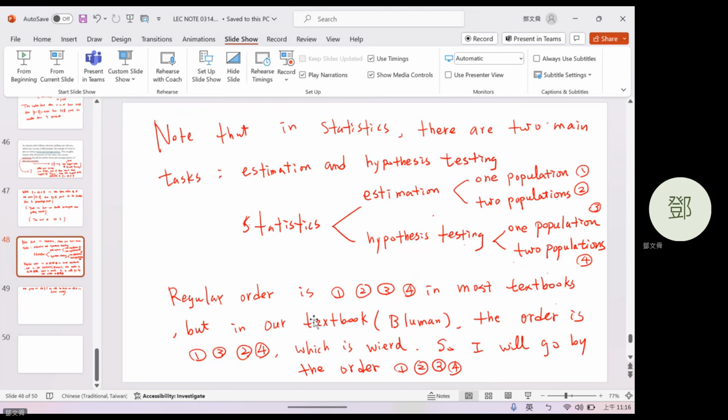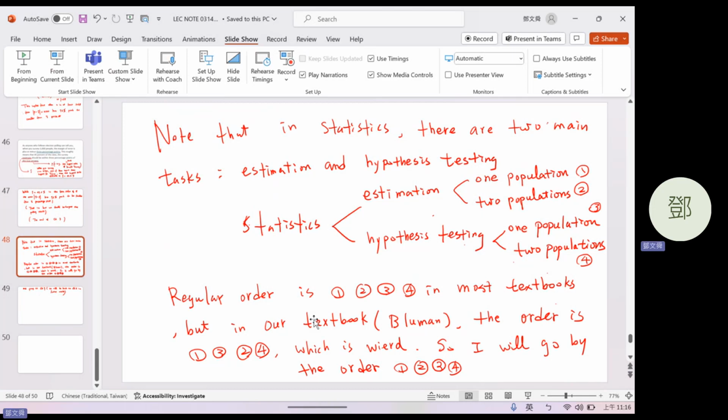Your turn. And so that is why we will move to chapter 9 here. I wanted to finish estimation, all the estimation part, and then proceed to the hypothesis testing part. Understand?